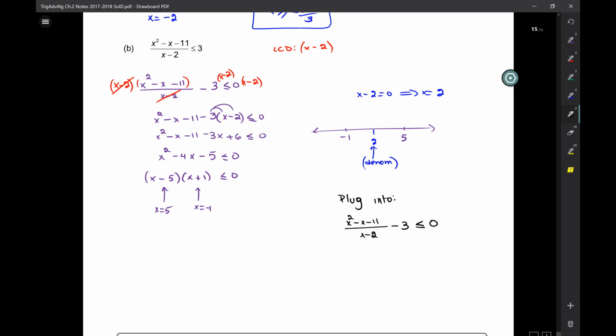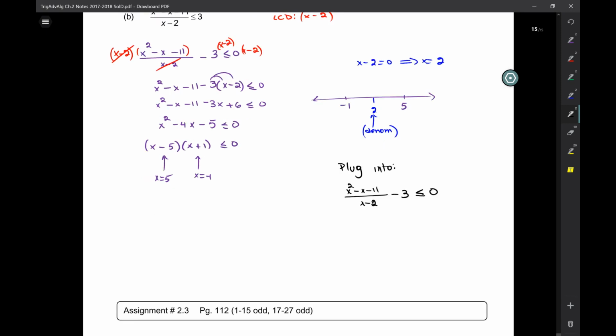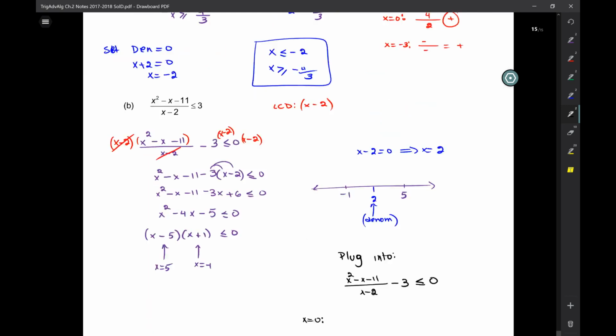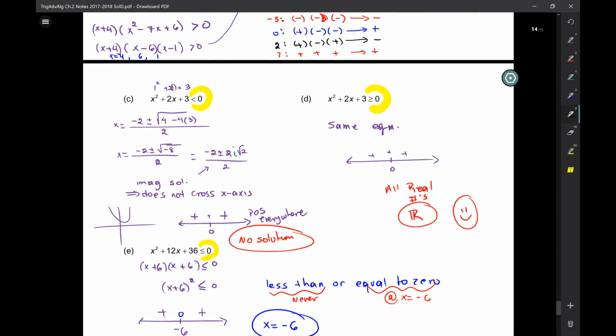No, because you want to plug it into one of the originals, because you want to take the denominator as well. So let's pick x equals 0. But didn't you say this one's easier to plug into? Yeah, but those weren't the rational functions. Those weren't the ones with the denominators.